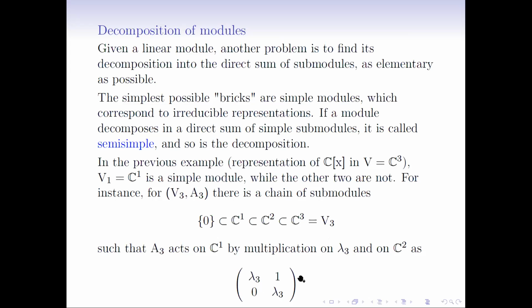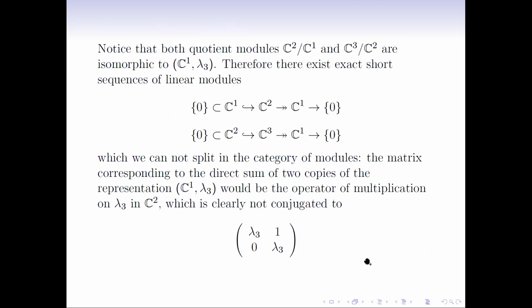It cannot be simple because there is a 1-dimensional submodule on which A3 acts like lambda 3. Let us note that both quotient modules C^2 over C^1 and C^3 over C^2 are isomorphic to the representation where the generator of polynomials acts as multiplication by lambda 3. So there exists a short exact sequence of modules from C^1 to C^2 to C^1.